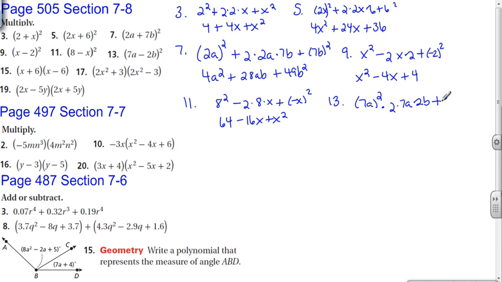The last term's always plus, because when you square anything, so I'm going to square negative 2b squared, it's going to be positive. So 7a times 7a is 49a squared. 7a times 2b is 14ab. I double 14ab, I get 28ab, and because it was minus in the problem, the middle term is minus. And then a negative 2b times a negative 2b is a positive 4b squared.